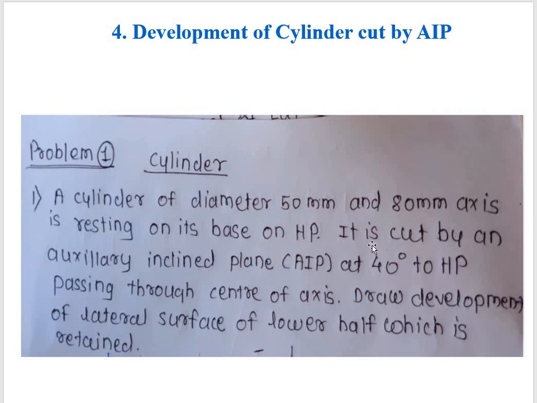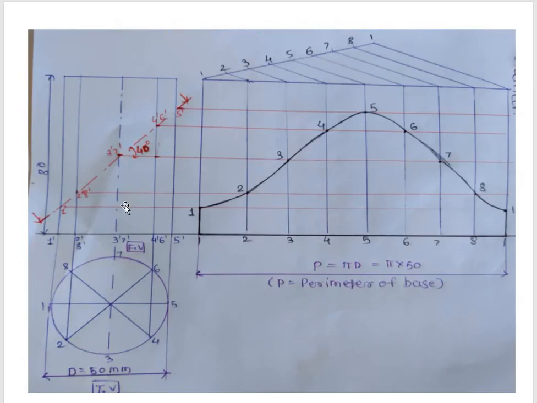Now this is the question: it is cut by an AIP at 40 degree to HP. As they have given the AIP, the plane is inclined at 40 degree to HP.